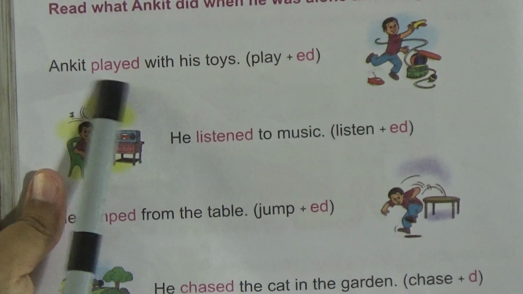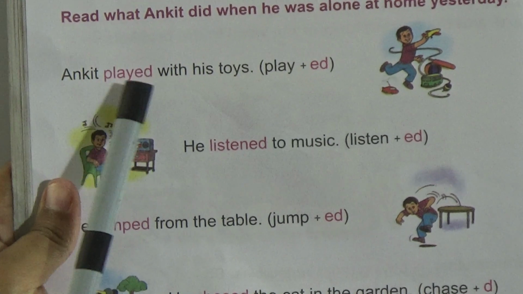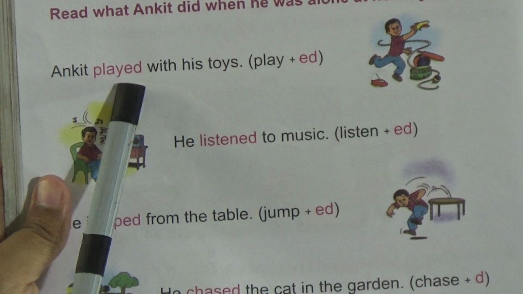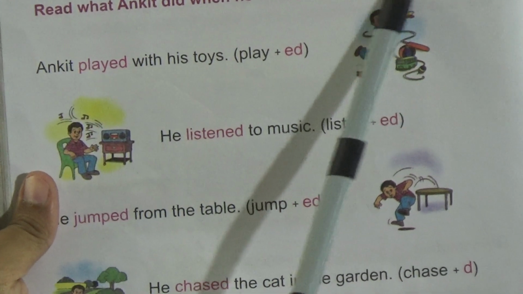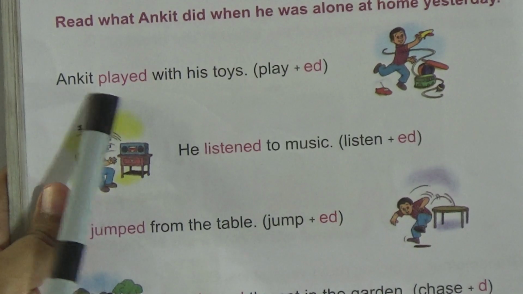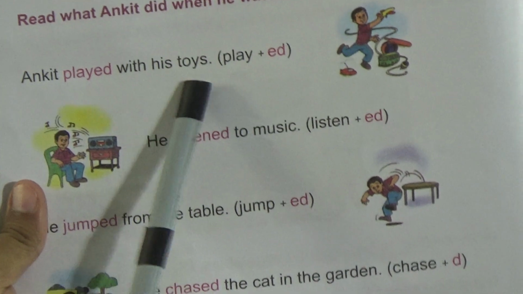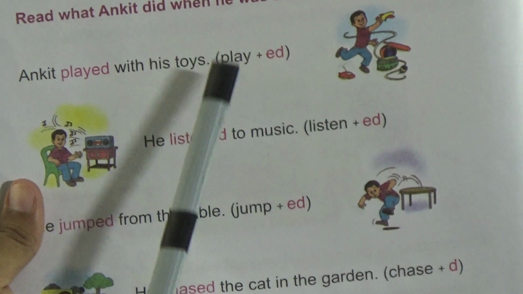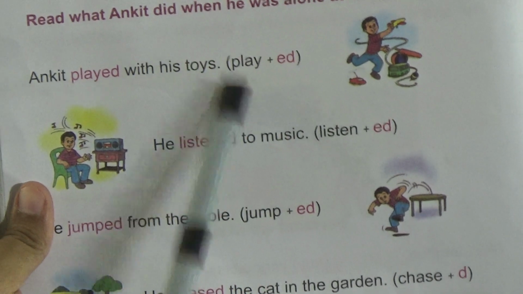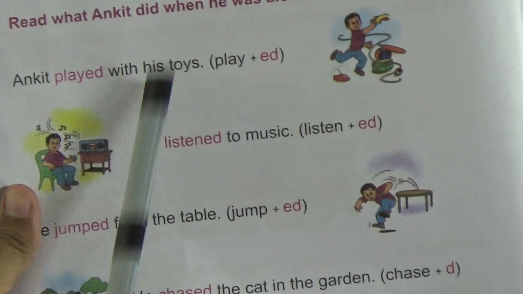This is play, and we have to use ed as the work was done yesterday. The work finished. So Ankit played. Play is the main verb, and we have to add ed for making it past form.